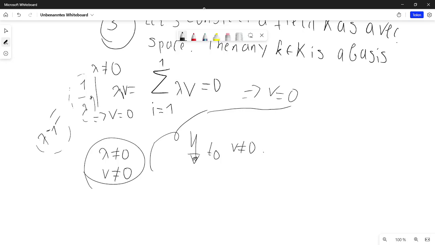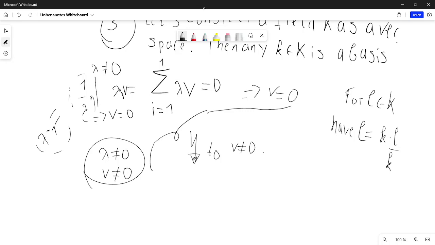And so K itself is linearly independent, and obviously any L in K is a multiple of k: k multiplied by L divided by k.